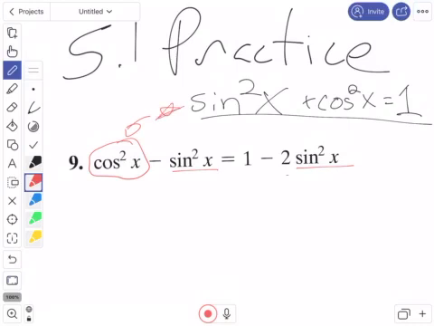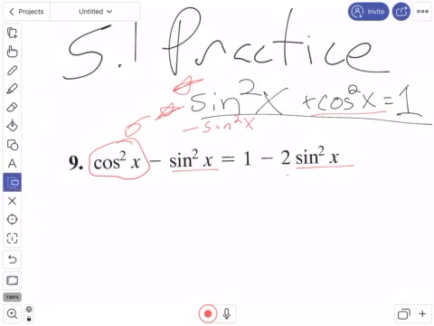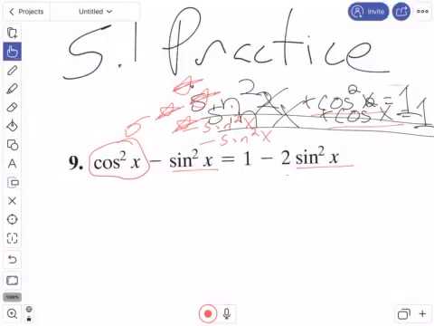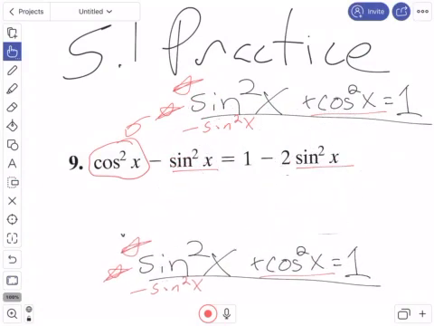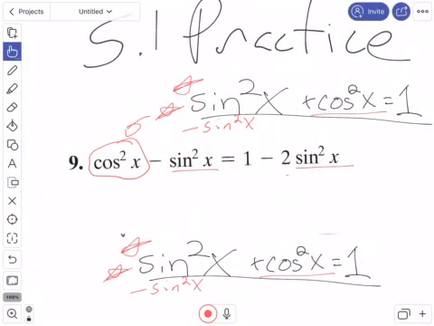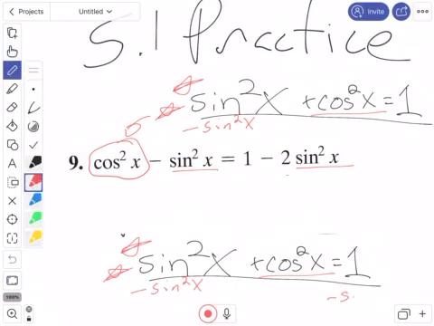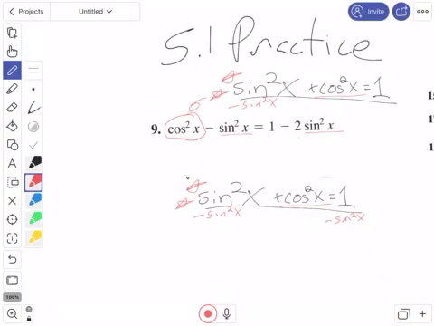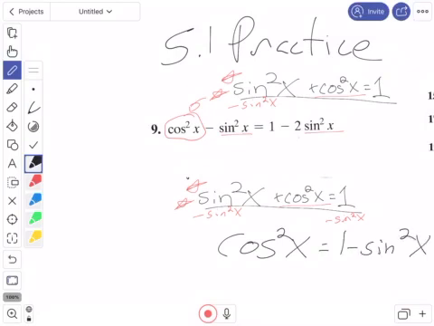If we take a look at our Pythagorean identity and we're trying to solve for cosine squared of x, we can deduct sine squared of x on both sides. And if we do that also to the 1, this leaves us with cosine squared of x equals 1 minus sine squared of x.